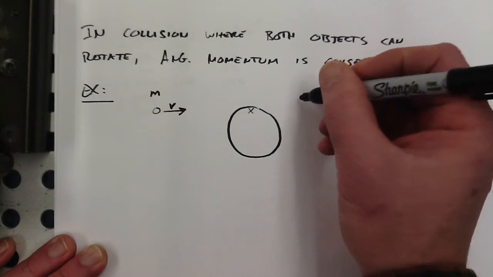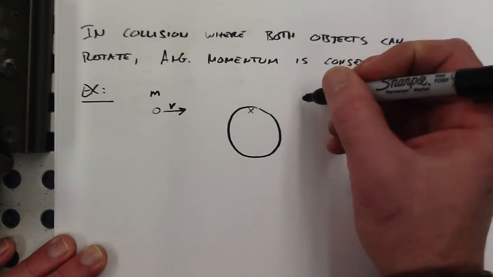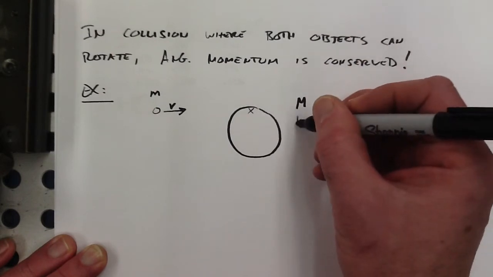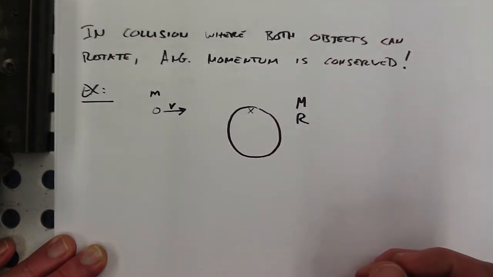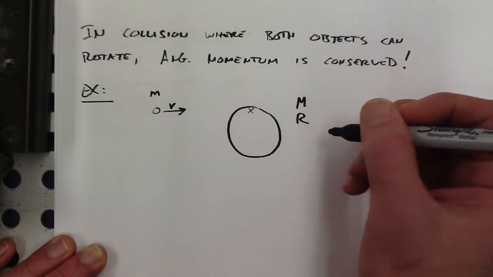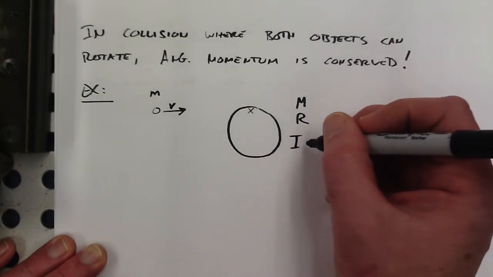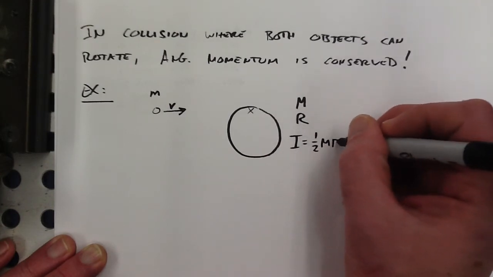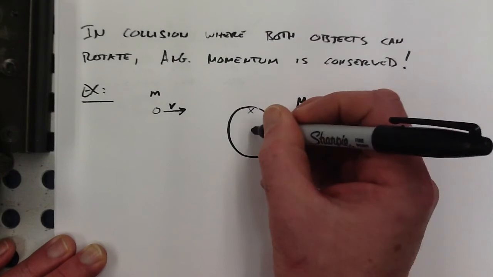And the merry-go-round has a mass of M and a radius R, and we're going to assume that it's a uniform disk, so its rotational inertia will be 1/2 MR squared.